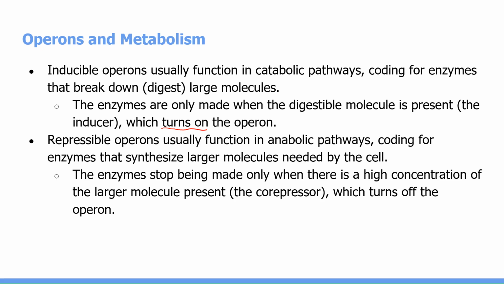So the other one, repressible operons, still consider negative control. Remember, we're talking about the repressors here. The repressible operons usually function in anabolic pathways, coding for enzymes that synthesize or create larger molecules needed by the cell. So the enzymes stop being made only when there's high concentrations of the larger molecule present.